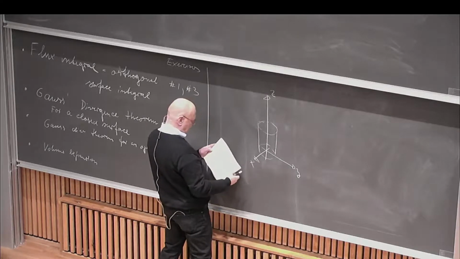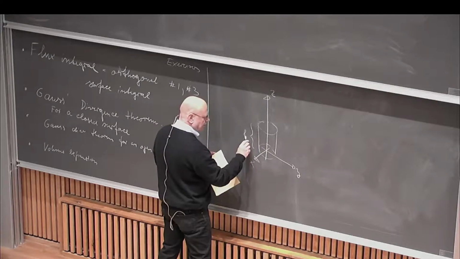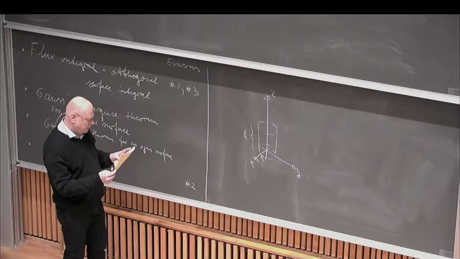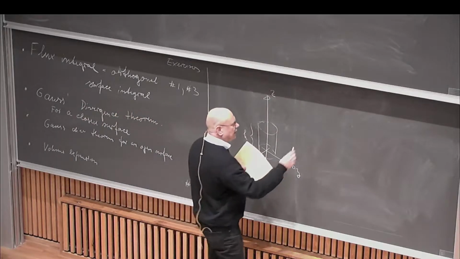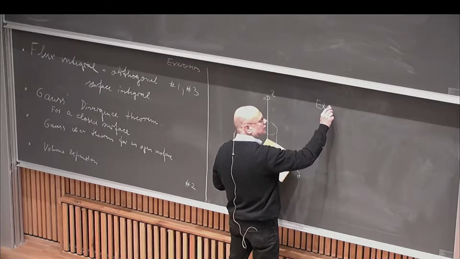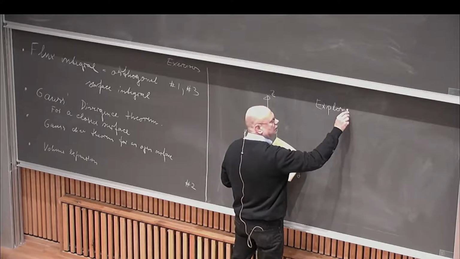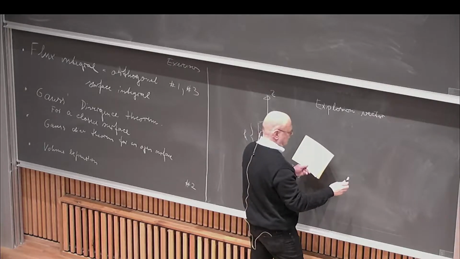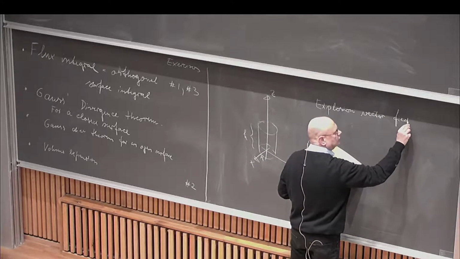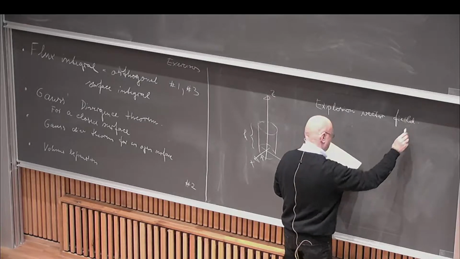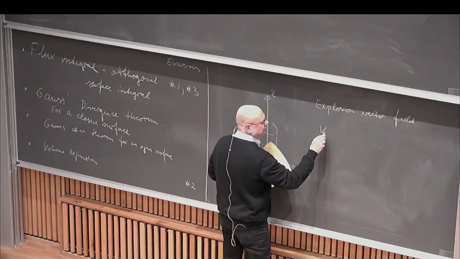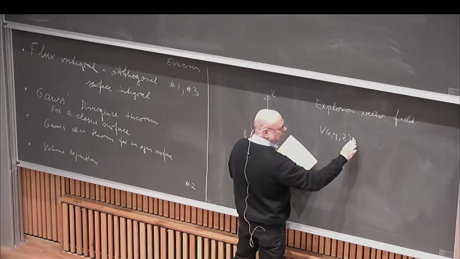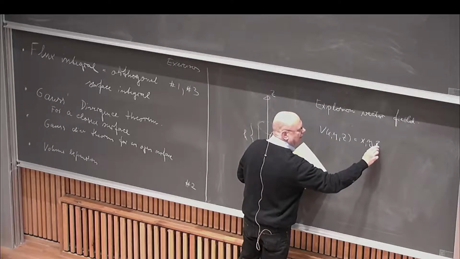So this was one example, and it has the height h, and then the radius of the cylinder was r, and we also computed for the explosion vector field x, y, z.